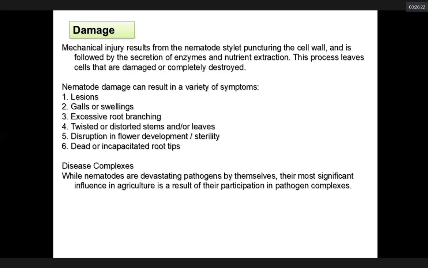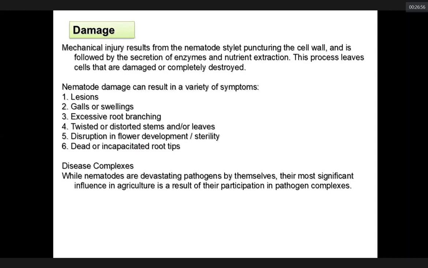And remember, a very interesting phenomenon in this case: there are functions of root exudate. What does the root exudate do? Some root exudates attract the plant parasitic nematode or another group of pathogens, whereas some root exudates repel the microorganism from the root zone.